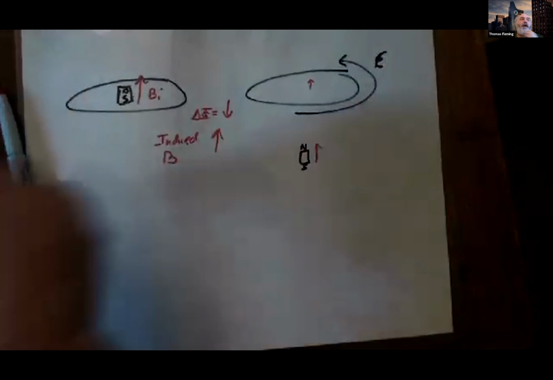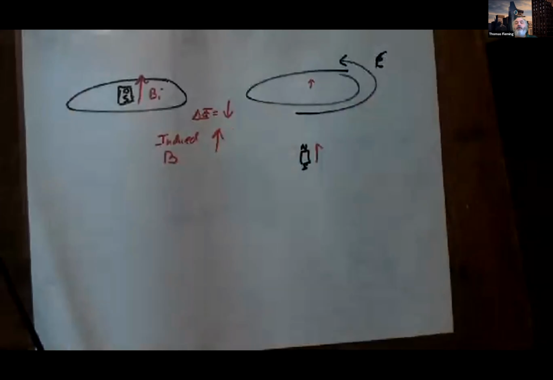So in order to figure out these sorts of questions, you're always going to have to break it down that sort of way. Ask yourself, what direction is the change in flux? Because the induced EMF will always be fighting that change in flux. So I'll either get a clockwise or a counterclockwise EMF, depending on what's happening in my situation.